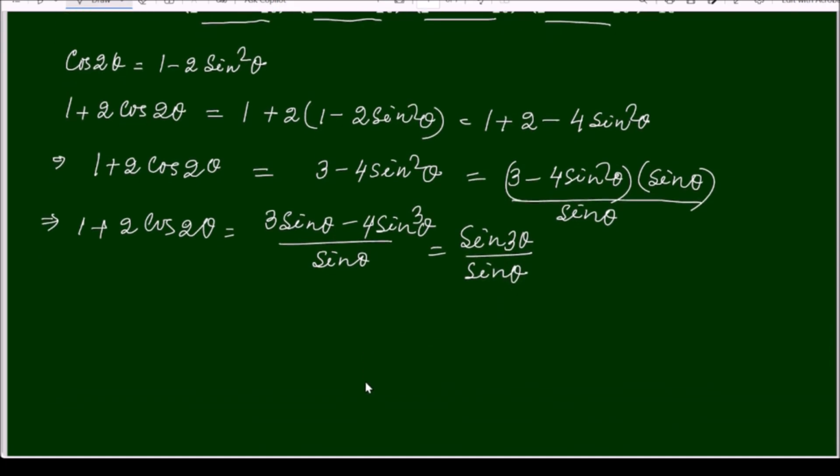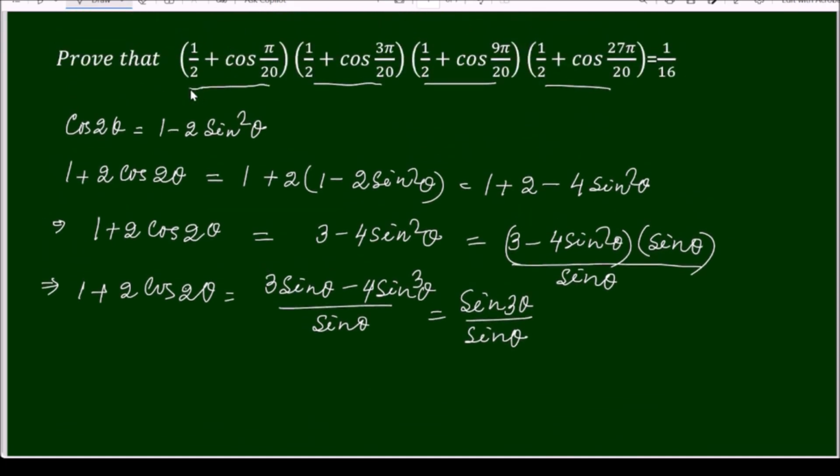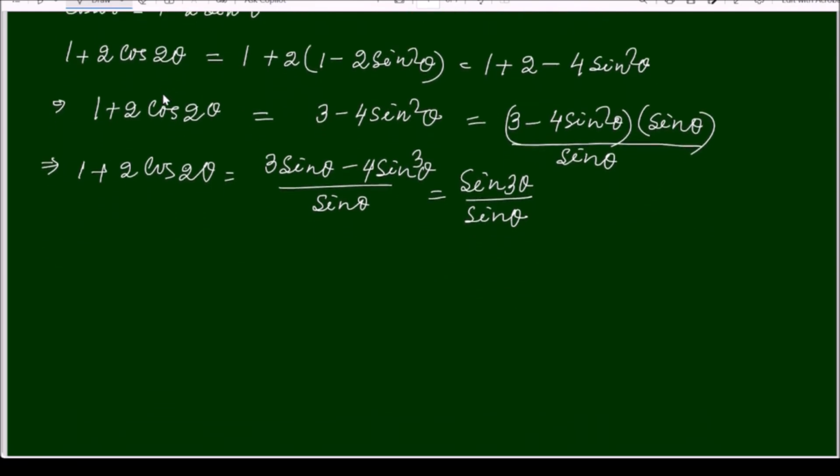Now from this I'll get the expression half plus cos 2 theta. How? I am multiplying half on both sides. So half times 1 plus 2 cos 2 theta equals half times sin 3 theta upon sin theta.